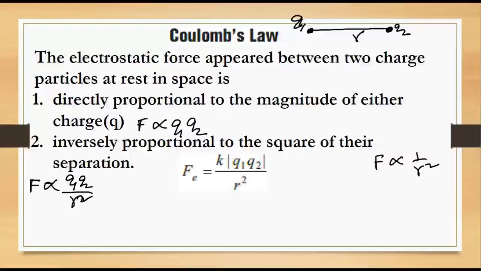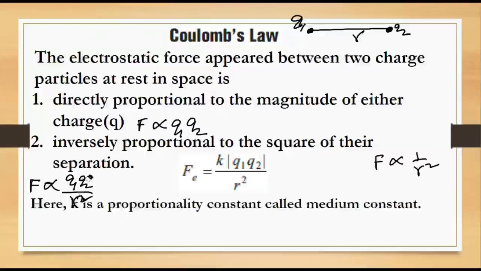Depending upon that, the value of k will be different. Here, k is a proportionality constant called the medium constant. You write all these things that appeared on the board.